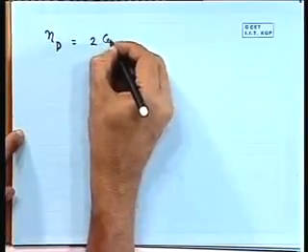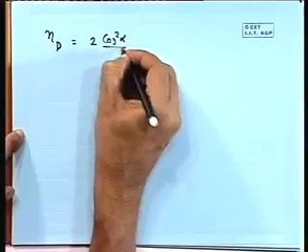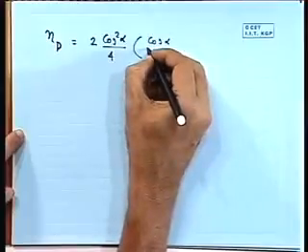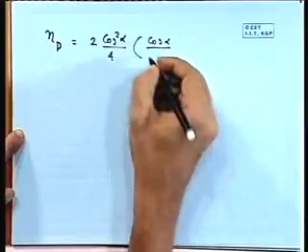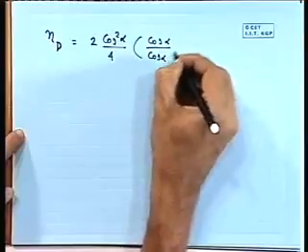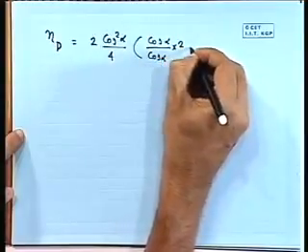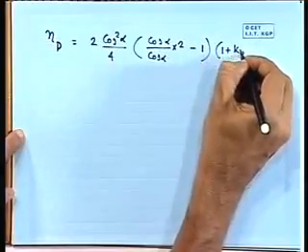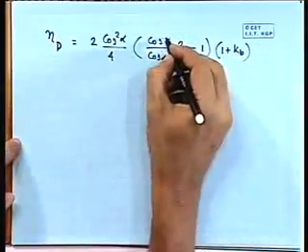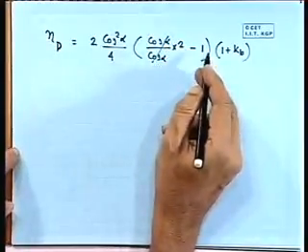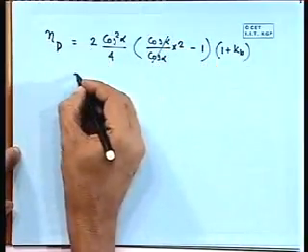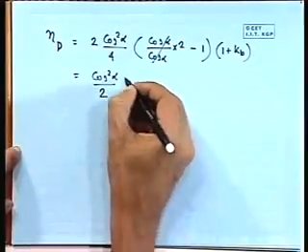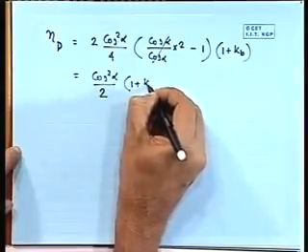So, twice cos square alpha by 4, then cos of alpha by 2 means this is 2 minus 1 and 1 plus kb. So, cos alpha will cancel, 2 minus 1 is 1, and here it is cos square alpha by 2 into 1 plus kb.